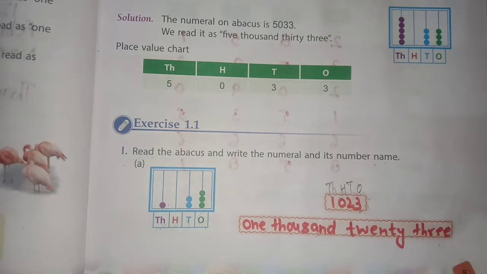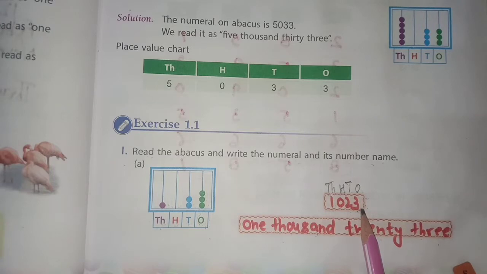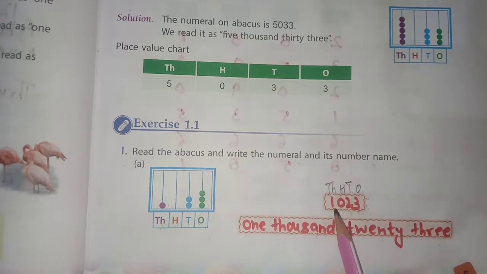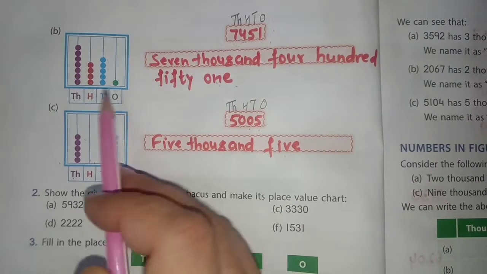So let us write the number name, because the number here is 1023, because 1 is at thousands place and tens place and ones place we have to read together, so it is 23. So 1 is at thousands place, so we will write 1000. Then it is 23, so we will write 23. So 1023.